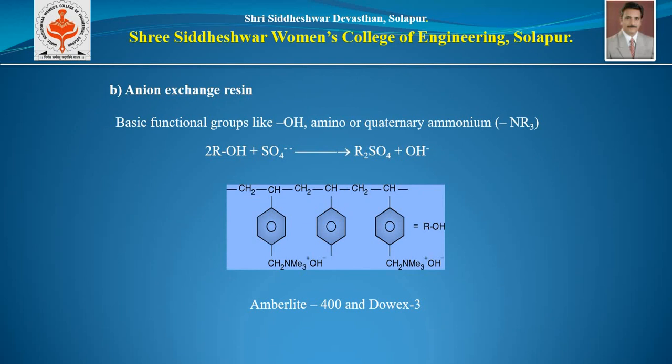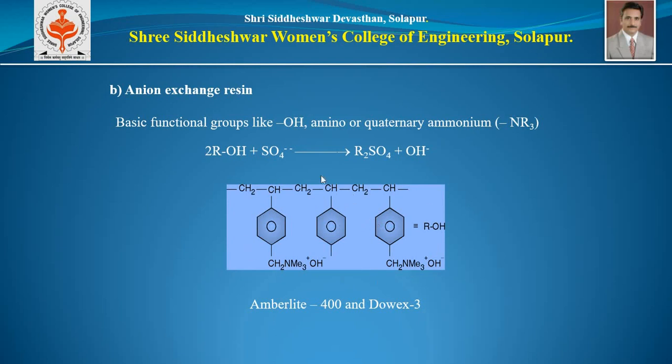Then the water containing the anion part along with the replaced hydrogen ion will pass through the anion exchanger resin. This is again a high molecular weight organic compound containing basic functional groups like OH, amino, or quaternary ammonium group.